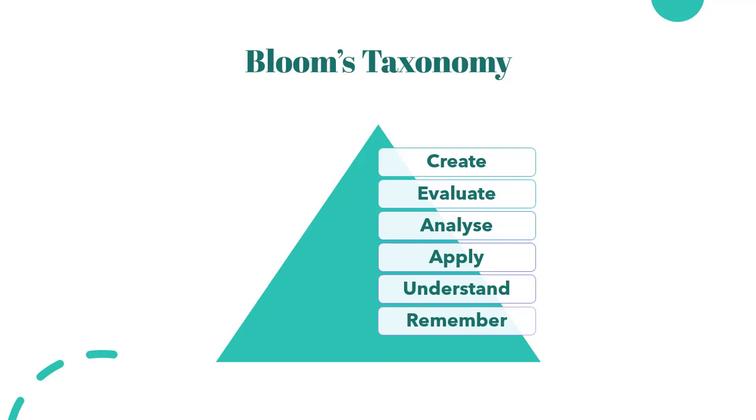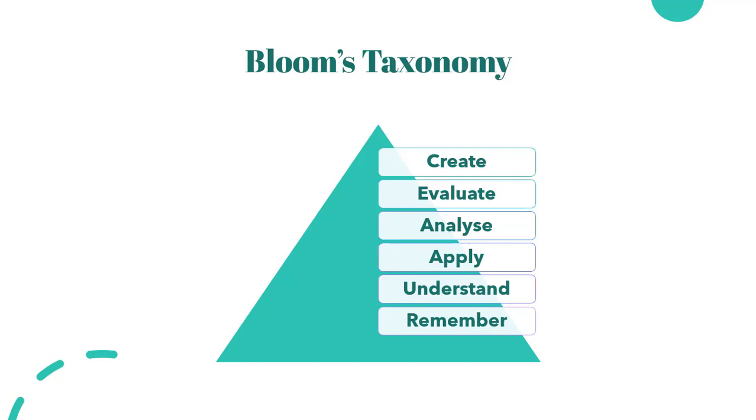Bloom's taxonomy is a set of 3 hierarchical models used to classify educational learning objectives into levels of complexity and specificity. The 3 lists cover the learning objectives in cognitive, affective, and psychomotor domains.